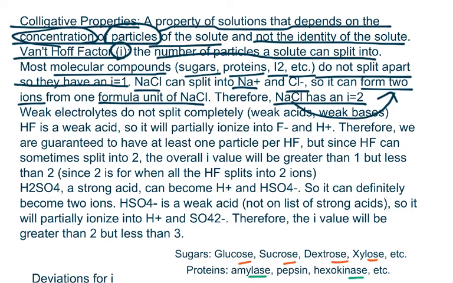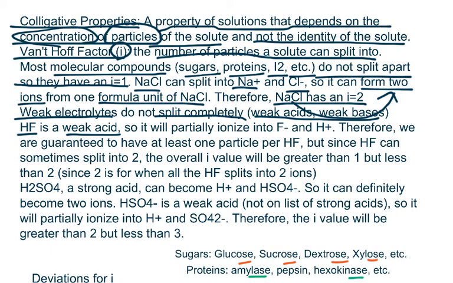Now, this is where things get a little bit complicated, but we can do this. A weak electrolyte, and if you remember, a weak electrolyte is simply a weak base or a weak acid, and there could be more, but these are the two that we are going to focus on. Weak electrolytes do not split completely when dissolved in water. For example, HF, hydrofluoric acid, is a weak acid because it is not on the strong acids list that we memorized a few dozen videos ago.